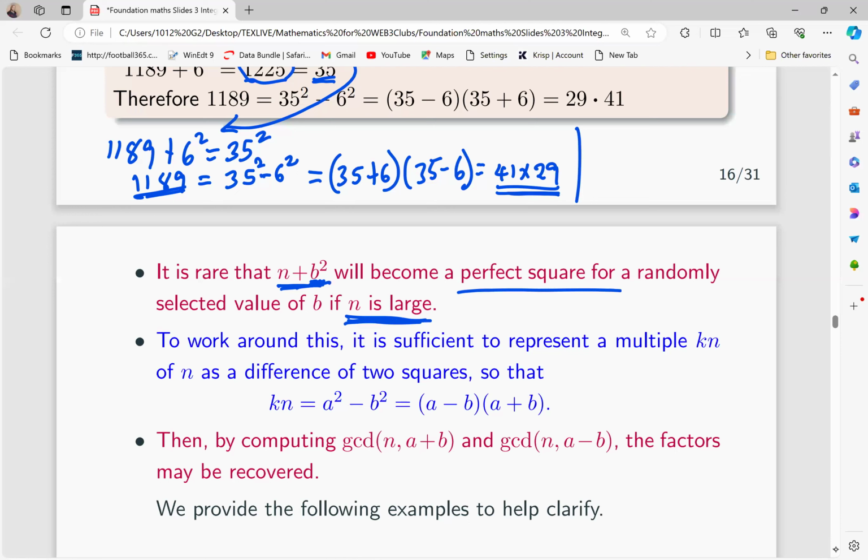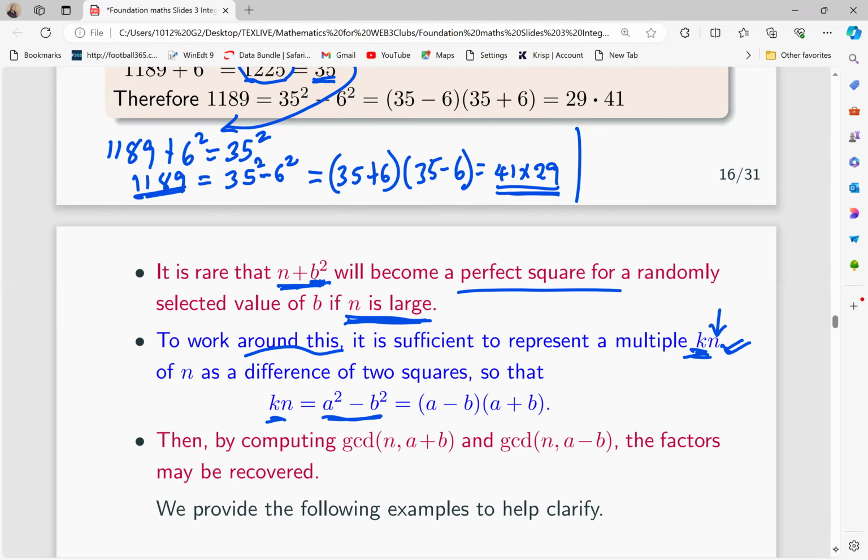So to work around this, what we normally do is take this n and multiply it by another constant, so that we have kn, and then write kn in this form. Once you multiply, it was a huge number, multiplied by this, to get a very huge number now.